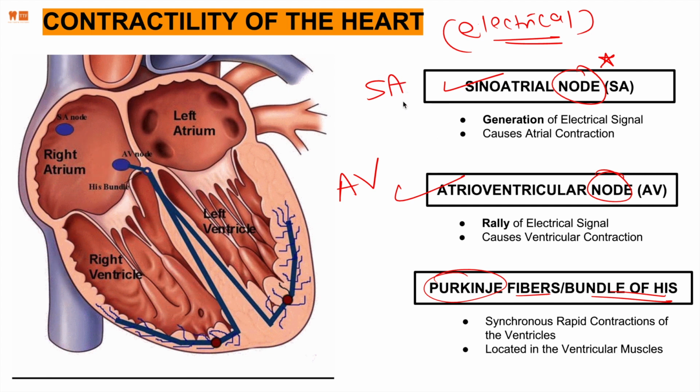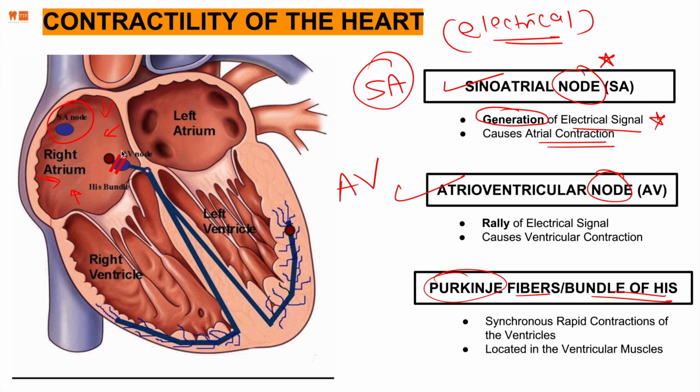First of all, with all the reactions from the brain, the sinoatrial node generates an electrical signal, a very minute charge that causes atrium to contract. So here it is, SA node. It produces an electric charge that ends up contracting the atria.